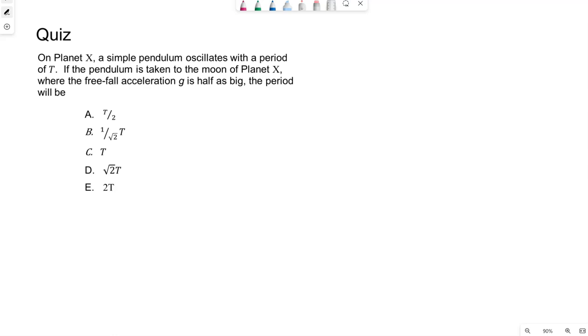So let me walk through this one, make sure to reason it through correctly. With the previous question, we found the period of a simple pendulum is 2 pi times the square root of L over g. So g in this case is half as big, which means we could write this as the square root of 2L over g.